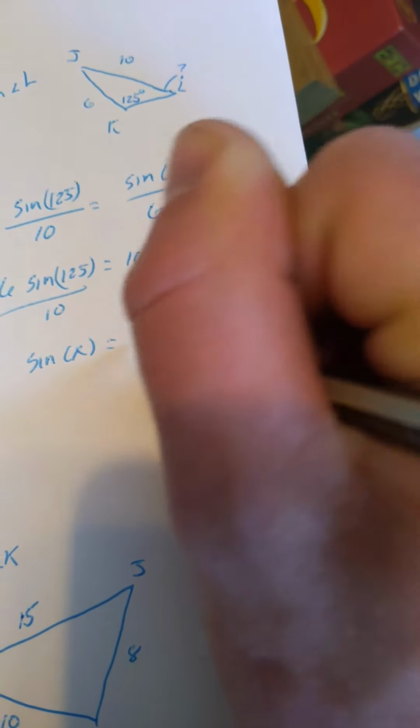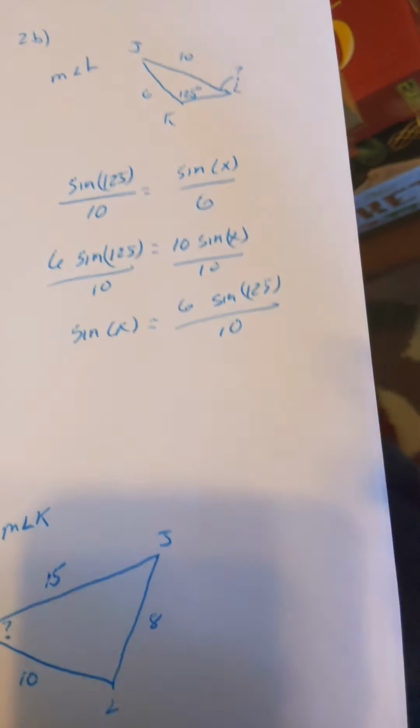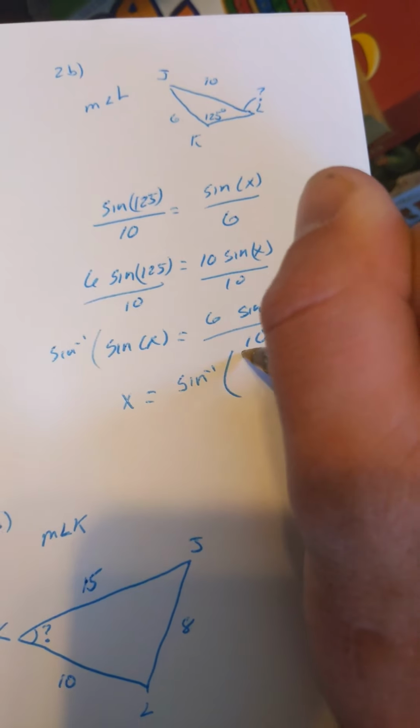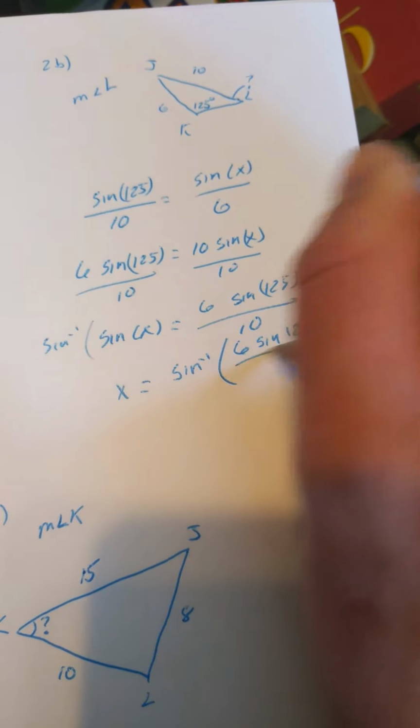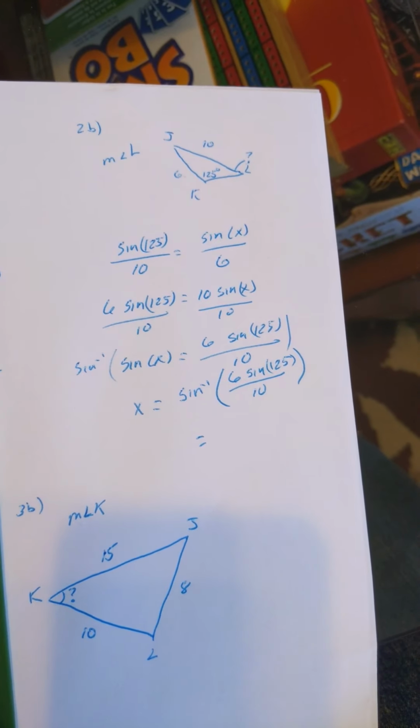We get 6 sine of 125 equals 10 sine of x. Move 10 over. Sine of x equals 6 sine of 125 divided by 10. Because we're finding an angle measurement, we have to apply the inverse sine to each side. That leaves x equals the inverse sine of 6 sine of 125 divided by 10. That'll be a calculation problem.